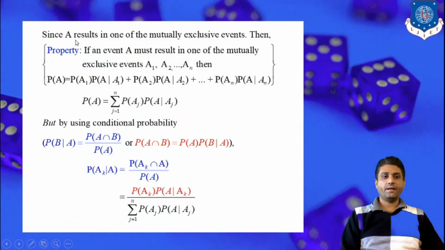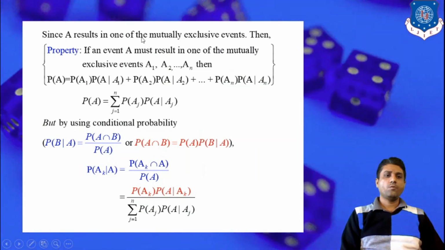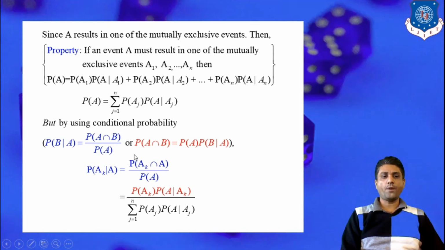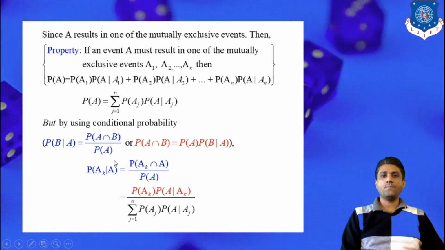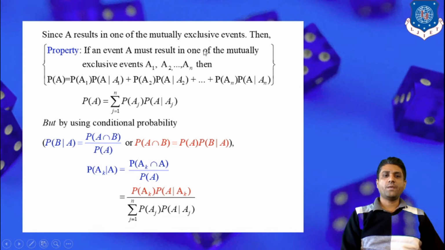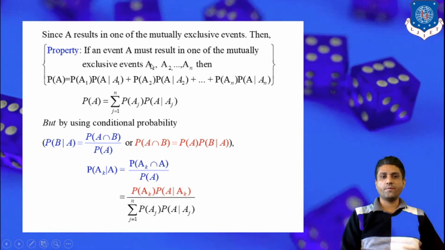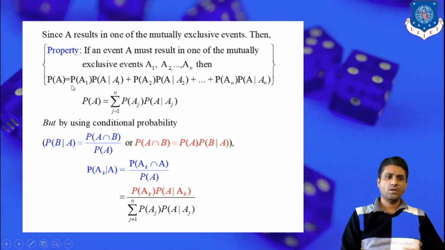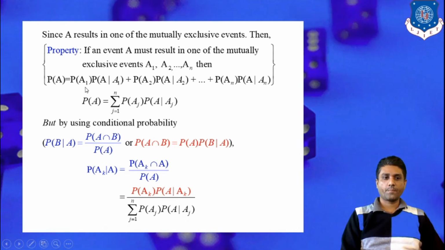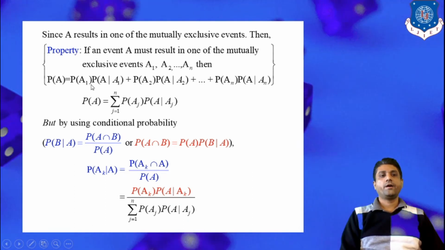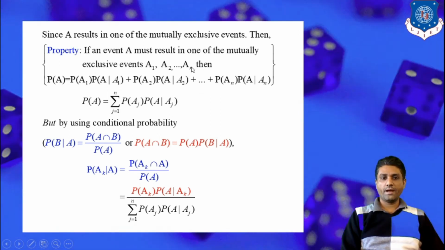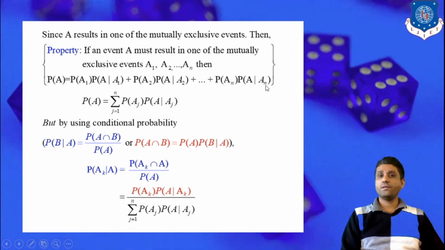Since capital A results in any one of the mutually exclusive events, again we have to use the property to prove this, the probability of AK given A. Recall, A must result in one of the mutually exclusive events A1, A2 up to An. We have already proved this property: probability of A is probability of A1 into probability of A given A1, and so on, up to probability of An into probability of A given An.